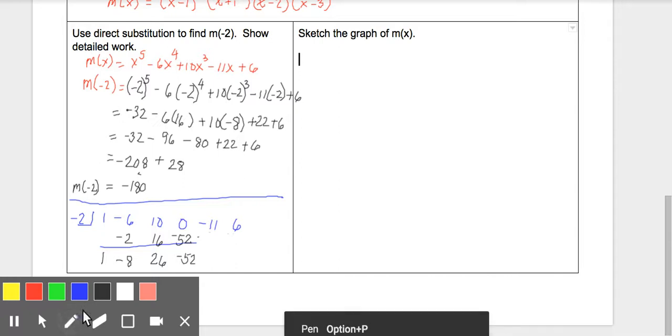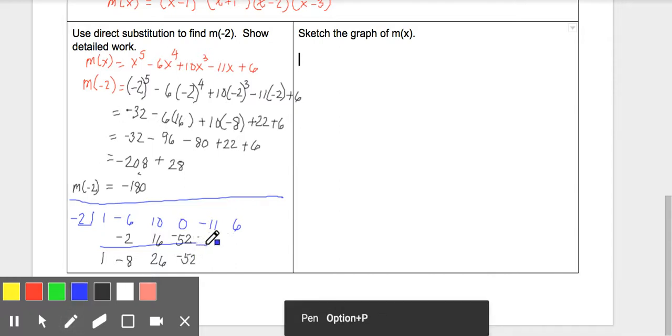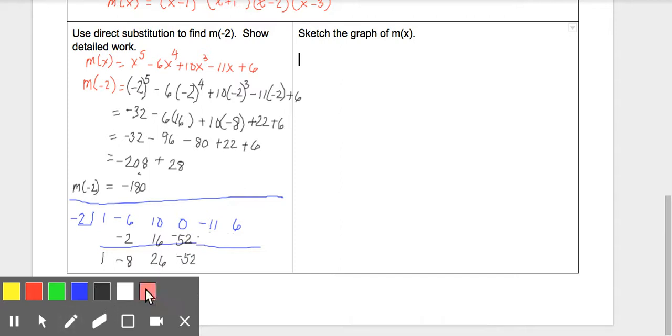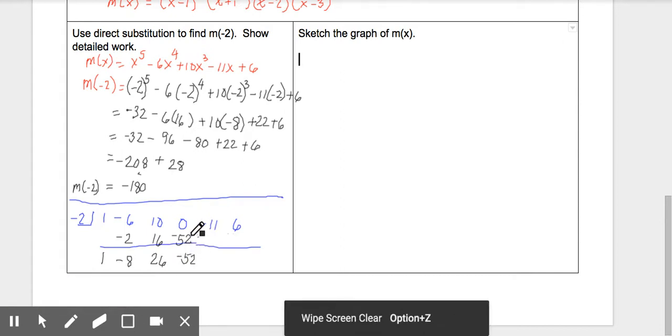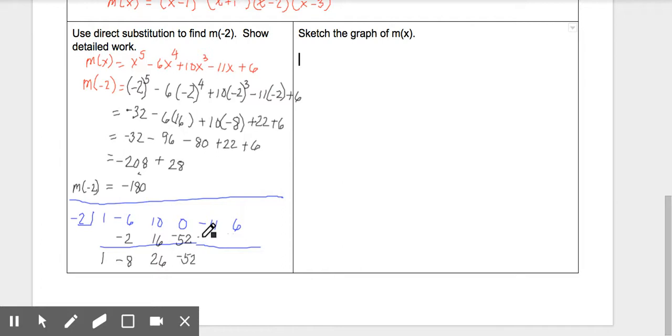So this should be now negative 52 times negative 2. That's going to be positive 104. And 104 minus 11. Okay, so 4 minus 1 is 3. 10 minus 1 is 9.